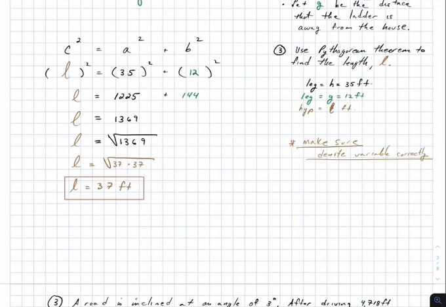It is 37 times 37, and the square root of 37 times 37 is just 37. So we now know the length of the ladder.